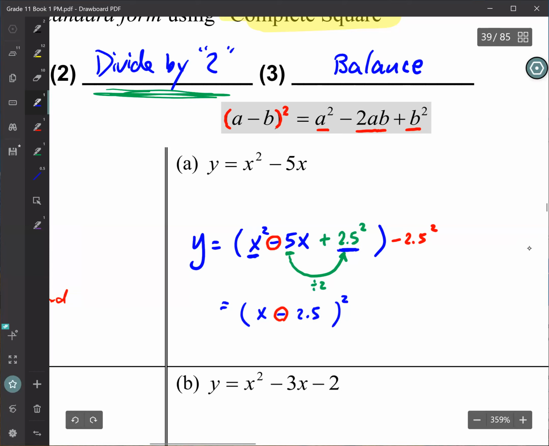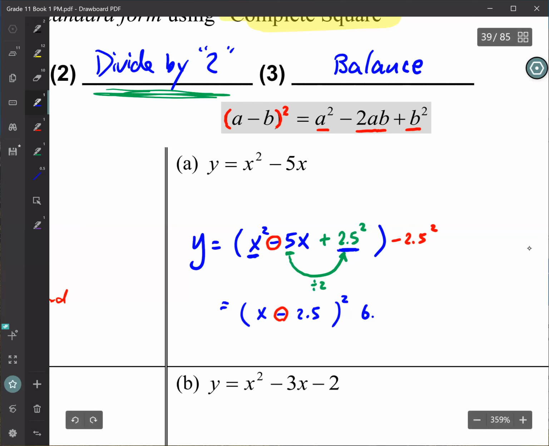And then outside, what's outside then? 2.5 squared. What is that, Brendan? Brendan, are you there? Positive 5, square. How do you square? Square both numbers. How do you square 2.5? 6.25.